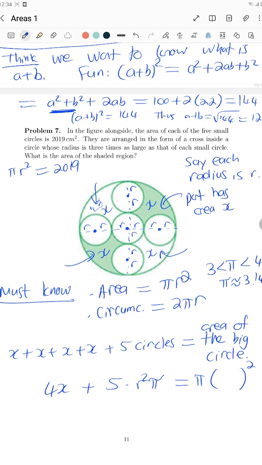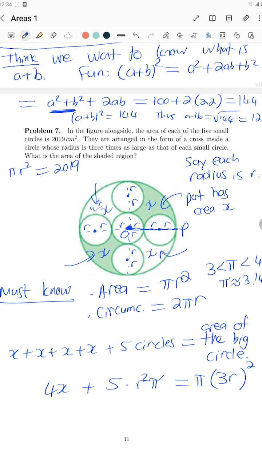What is the radius of the big circle? It's obviously the distance from O to over there. Let's call it P. So the distance from O to P is there to there to there to there. And in terms of r, what is it? Yes, it's 3r.